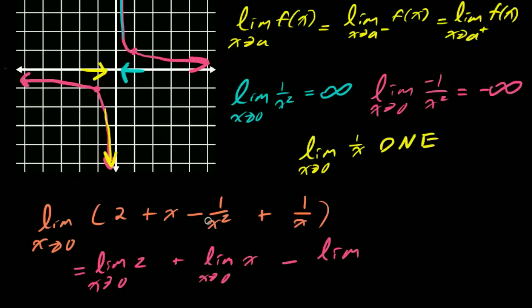I'm distributing out a negative 1 out of this limit. And then finally, plus the limit as x goes to 0 of 1 over x.